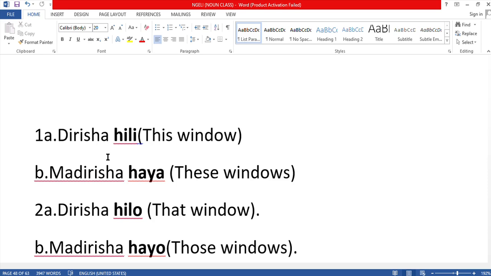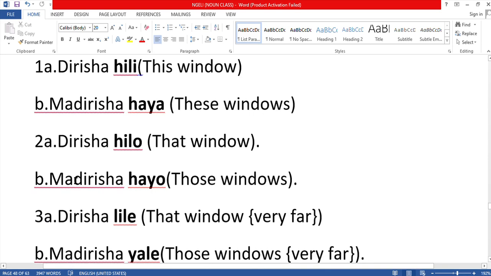Madirisha haya. These windows. Dirisha hilo. That window. Madirisha hayo. Those windows.